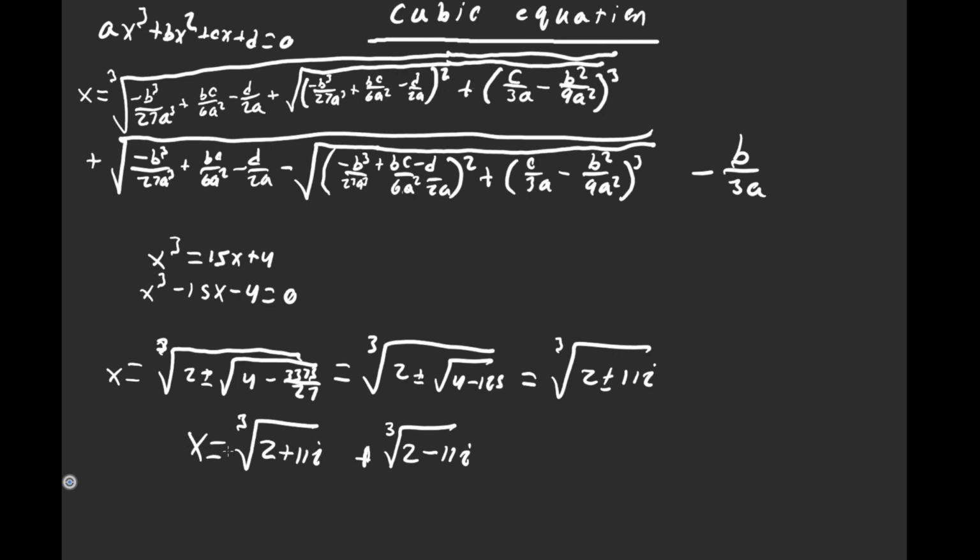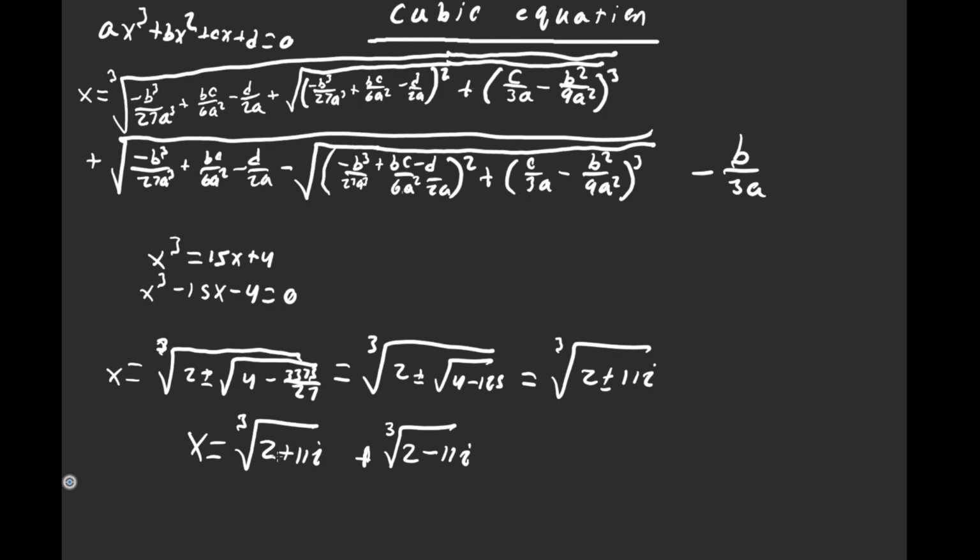Since we have x equal to the cube root of 2 plus 11i plus the cube root of 2 minus 11i, we could solve it using a system of equations, or by De Moivre's theorem, which would be quite time consuming because you're using the polar form of complex numbers, understanding their place in the complex plane, and using a little bit of trigonometry to pinpoint the solutions.